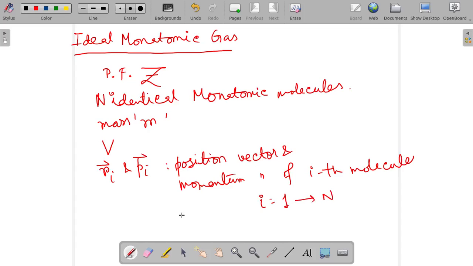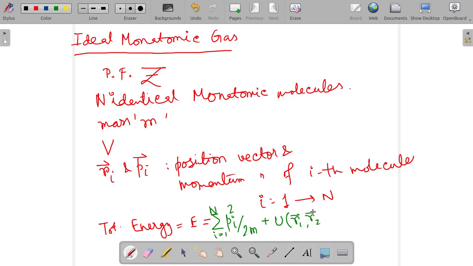Therefore, what will be the total energy of the gas? The total energy of the gas E, obviously it is the summation over i from 1 to n of Pi square by 2m, plus U. What is U?